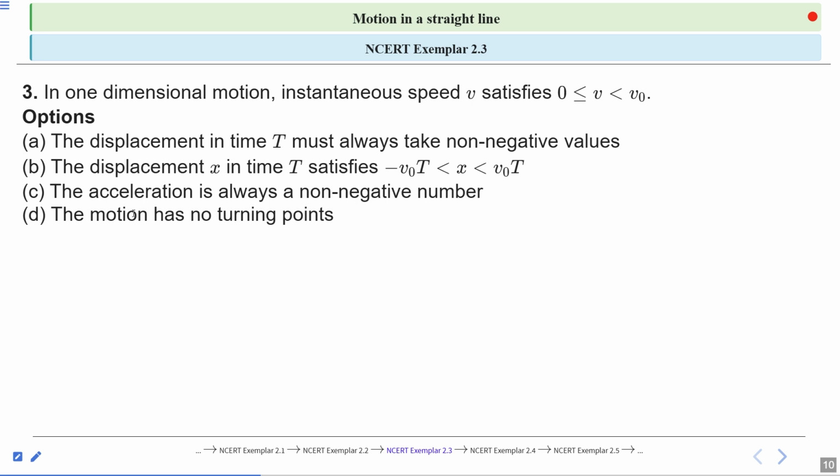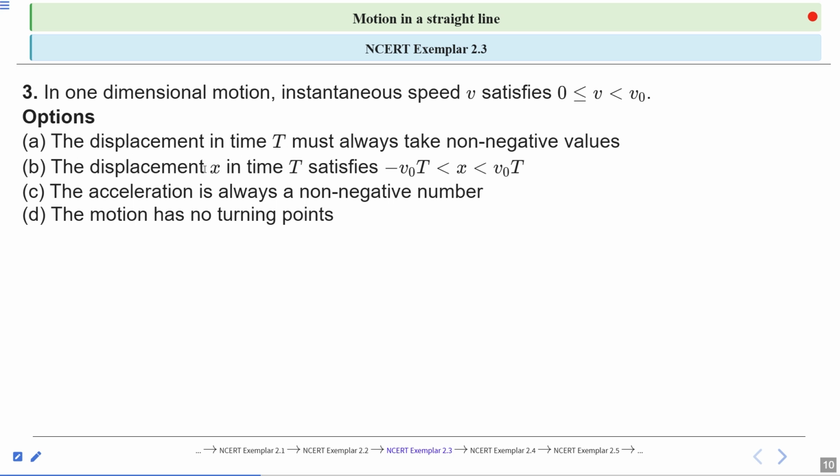Clear? In one-dimensional motion, instantaneous speed v satisfies this condition: v is greater than or equal to 0 and less than v naught. One-dimensional motion means motion along a straight line. Given options: option A, the displacement in time t must always take non-negative values.